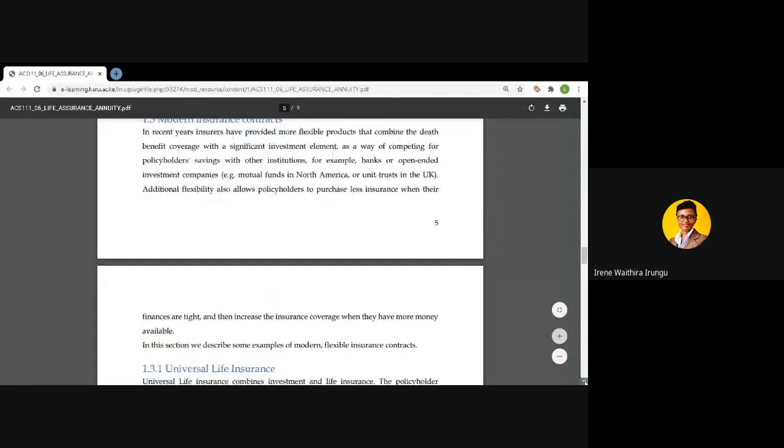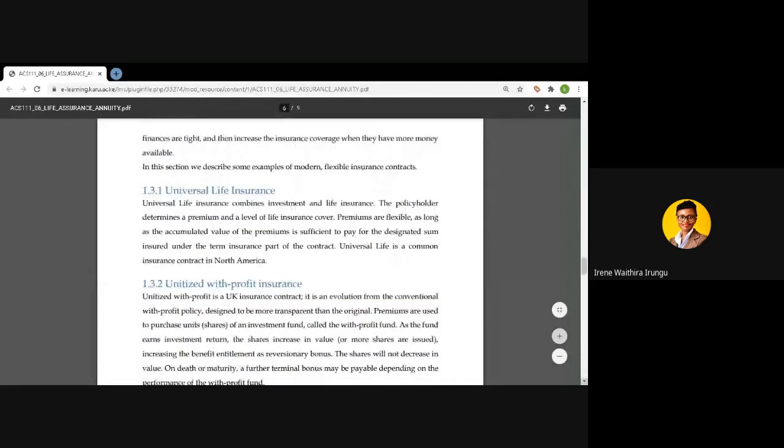We have the first one, universal life insurance, and this again combines both the investment and the life assurance cover. In this particular type of contract, the policyholder determines a premium that they can afford to pay.